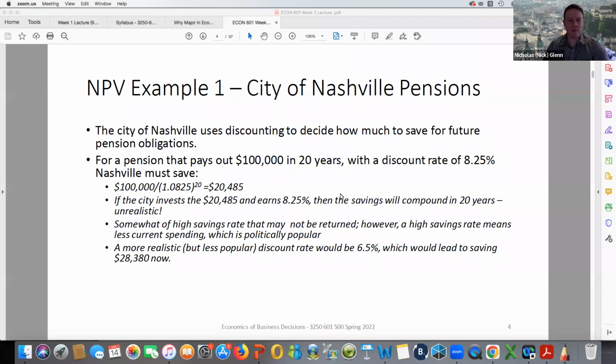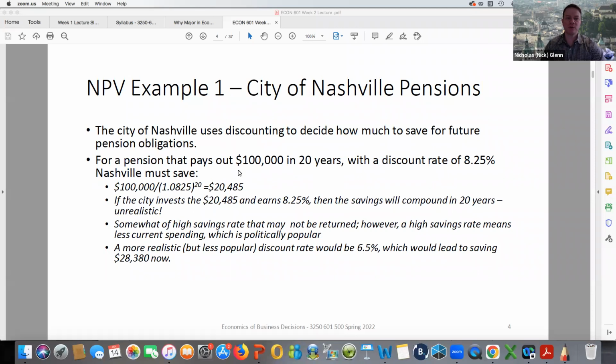So here's an example where you use net present value. Let's talk about pensions and how much money we need to have a certain amount in the future. The pension needs to pay out here in Nashville. It needs to be able to pay out 100,000 in 20 years from now. So how much do we need to put up now in order for it to be able to pay that out in 20 years?